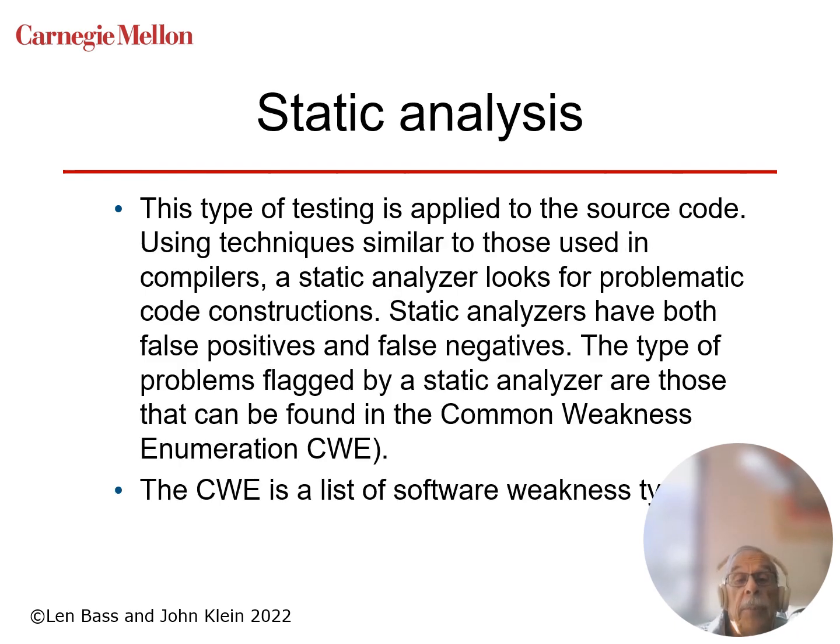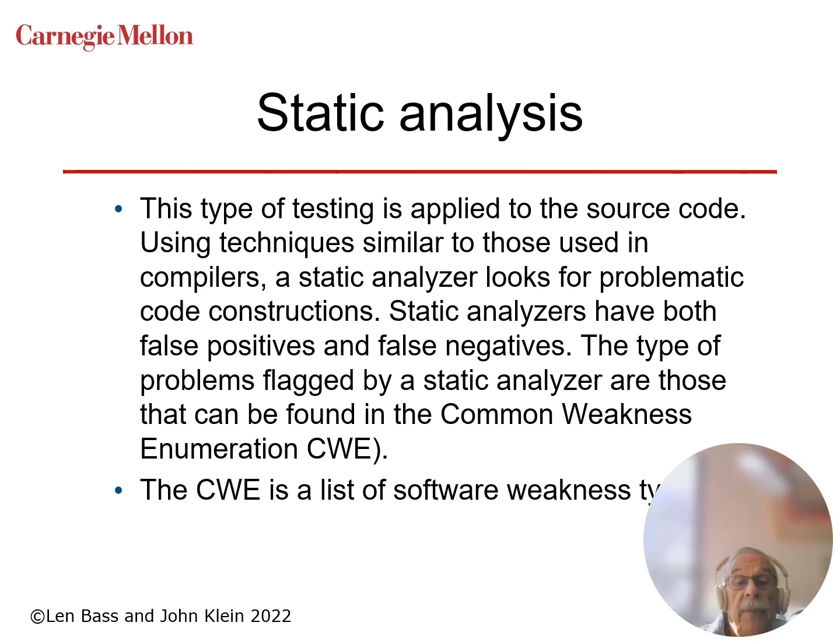Static analysis is applied to the source code, and it uses techniques similar to those used in compilers. It looks for problematic code construction, doesn't necessarily look for errors. It's just things that might eventually turn into vulnerabilities. It can also look for certain stylistic types of things.